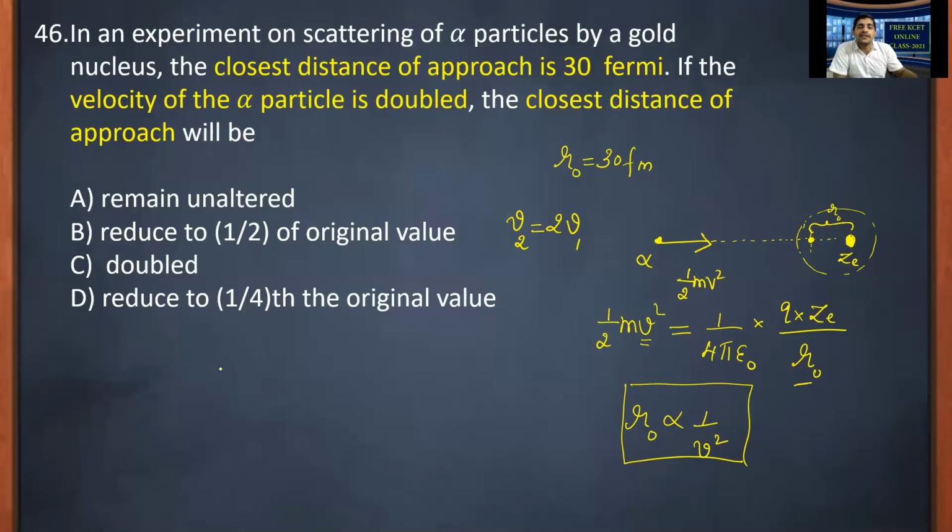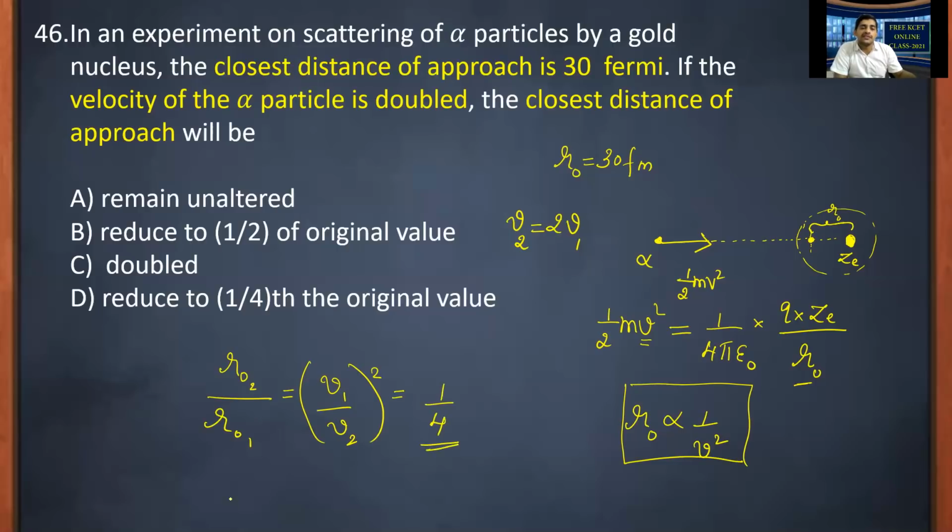So I can write R naught 2 divided by R naught 1 is equal to V1 by V2 whole square. What is V2? V2 is 2 times V1, so it becomes 1/4.